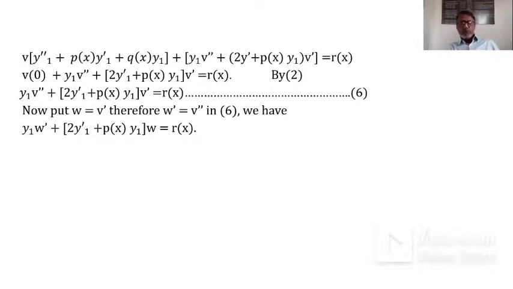We substitute this and then divide by y1, we obtain the first order linear differential equation, and we know its solution is w e to the power integration of 2y1 dash upon y1 plus p of x dx is equal to integration of e to the power integration of 2y1 dash upon y1 plus p of x dx into r(x) upon y1 dx plus C1, the constant of integration.